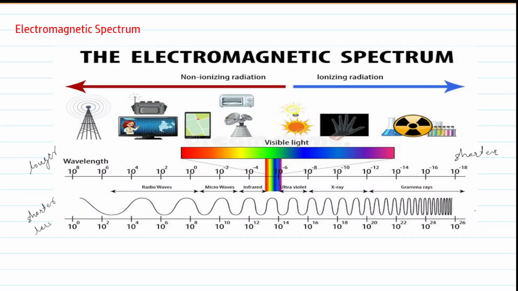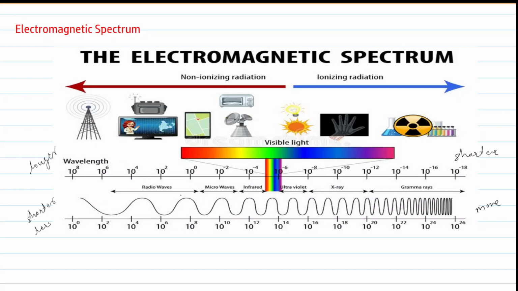Whereas on this side, energy is more as compared to the non-ionizing radiations. Now, here you can see gamma rays, X-rays, then ultraviolet rays. Here is the visible region, which has different colors, from violet to red, which we call VIBGYOR. Then this is the infrared, then microwave, and these are the radio waves.